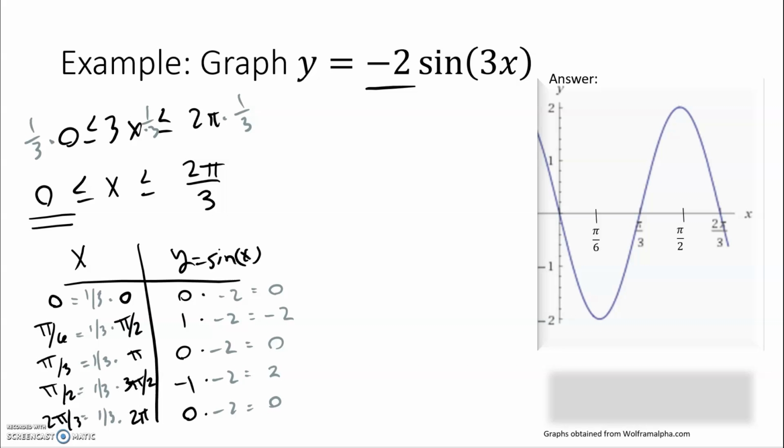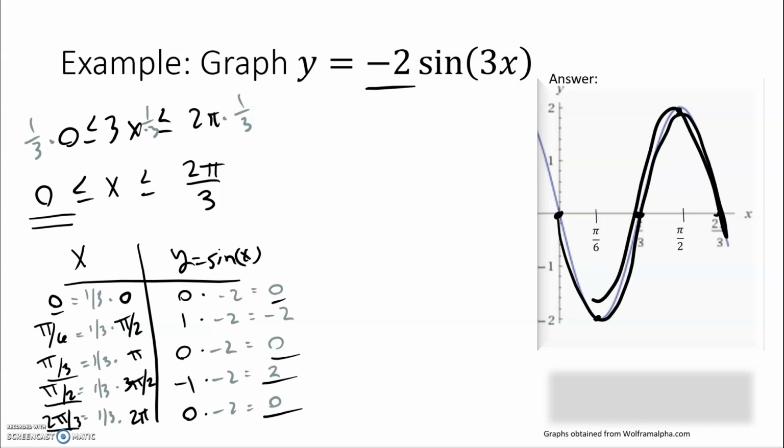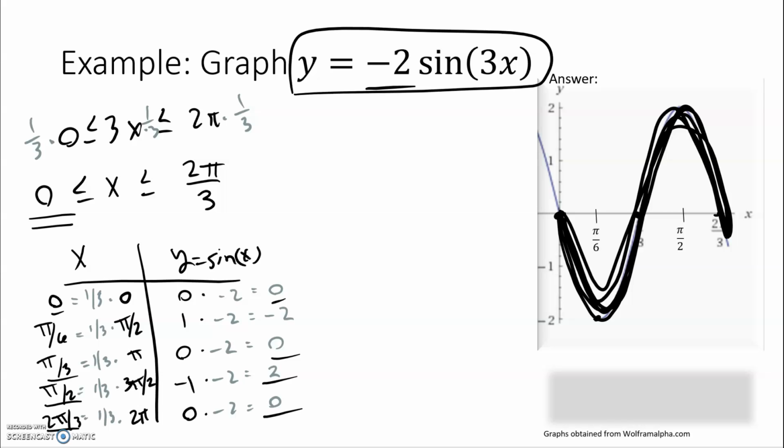Okay, so then we're going to plot 0, 0, right here, pi over 6, negative 2, pi over 3, 0, right here, pi over 2, 2, here, 2 pi over 3, 0, right here. And make this shape for sine. Remember, this is the one fundamental cycle for sine. So that right there is this graph.